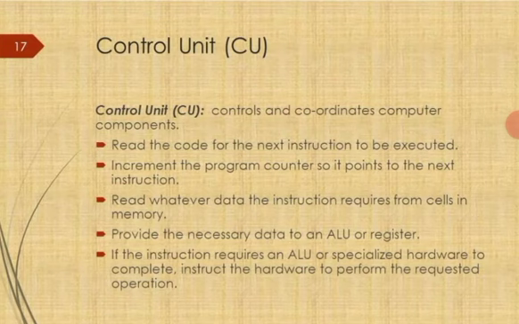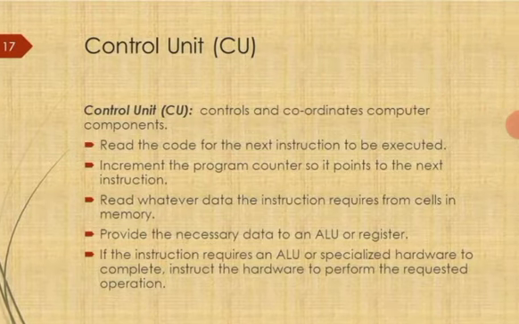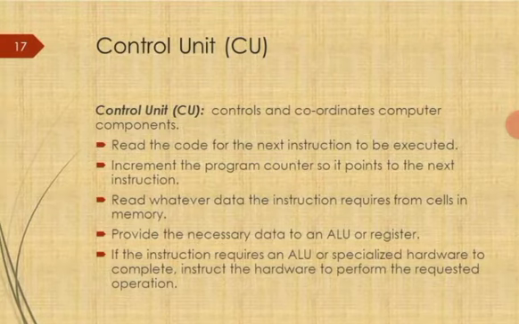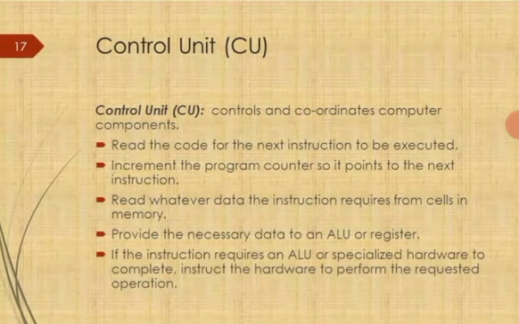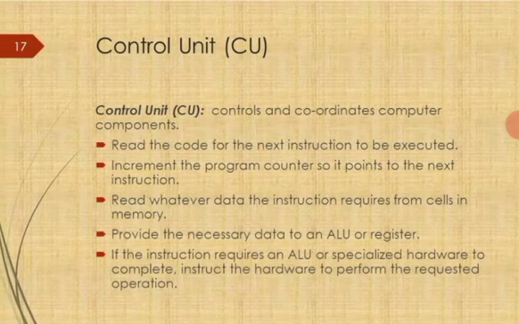It reads whatever data the instruction requires from cells in the computer. It provides the necessary data to an ALU or register. If the instruction requires an ALU or specialized hardware to complete, it instructs the hardware to perform the requested operation. These are the functions of a control unit.